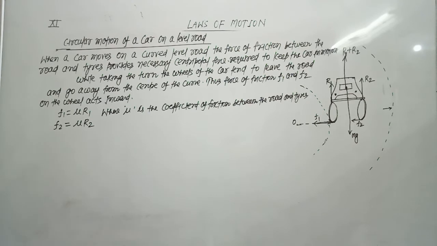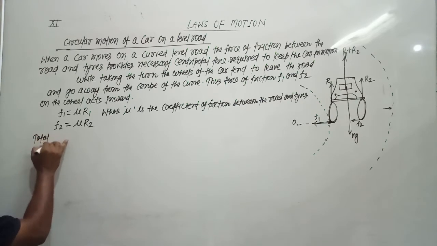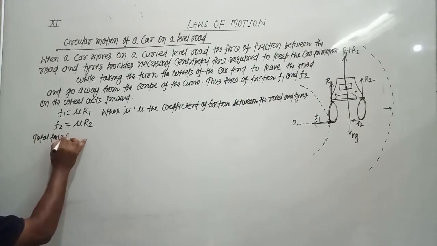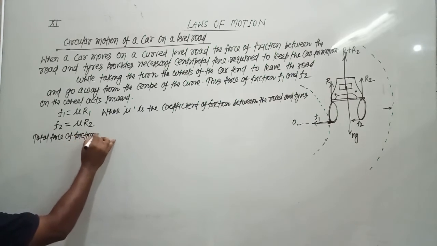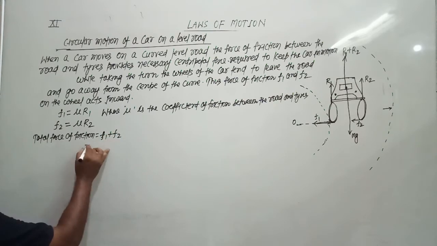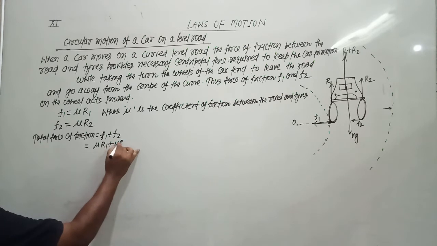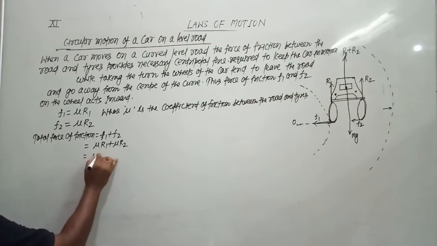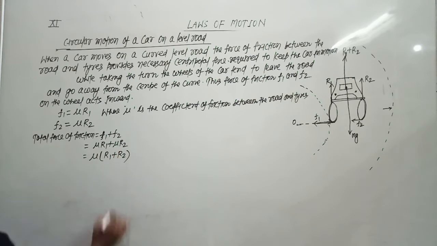The total force of friction equals F1 plus F2, which equals mu R1 plus mu R2, and taking mu common we get mu into R1 plus R2.